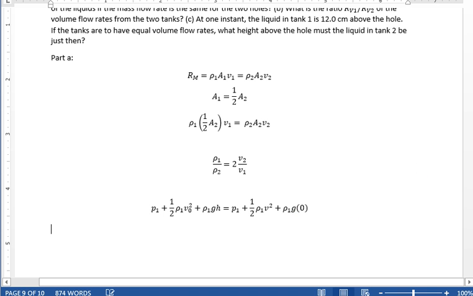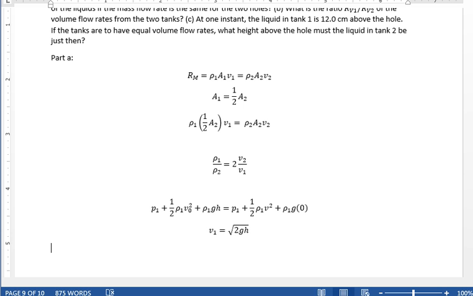And so we get down to the velocity of the fluid coming out of the hole, call it V1, is the square root of 2gh. Notice this is independent of the density of the fluid and only depends on the height.